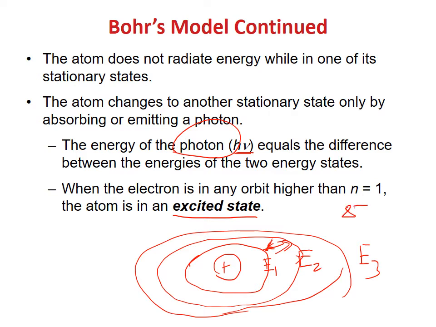So delta E equals the energy of one photon. If electron goes from E1 to E2, it absorbs energy. If electron goes from E2 to E1, it emits light, with photon energy h nu also equal to the difference between these two energy levels.